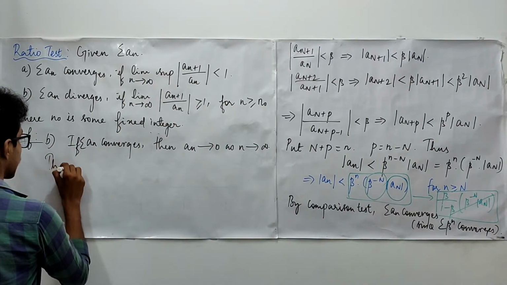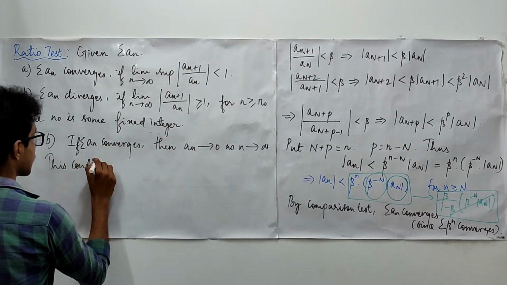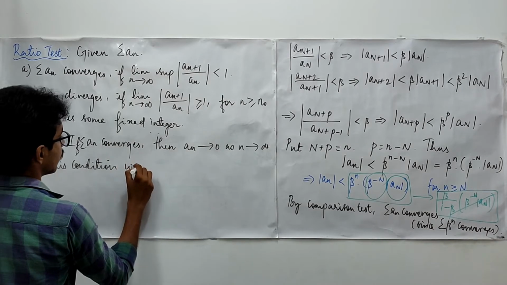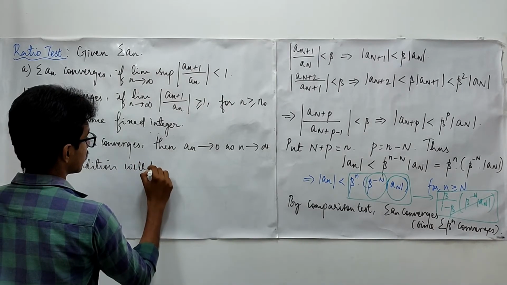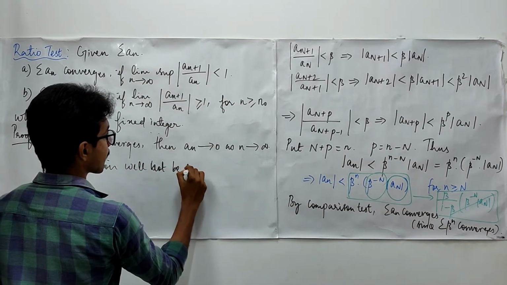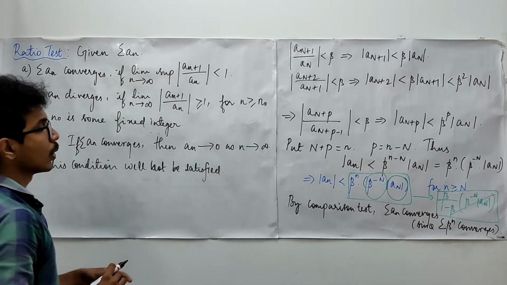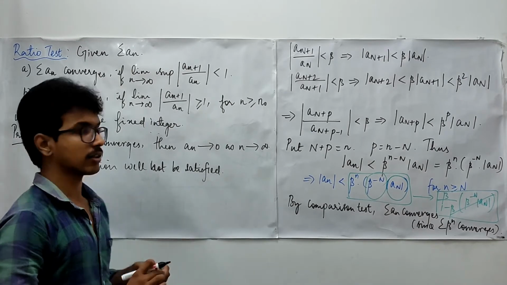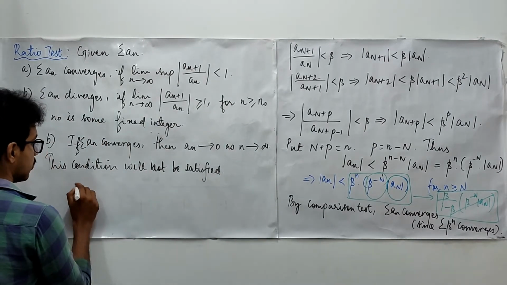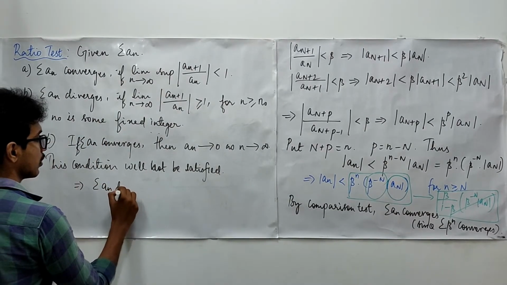This condition will not be satisfied. When this condition is not satisfied, it means your summation an diverges.